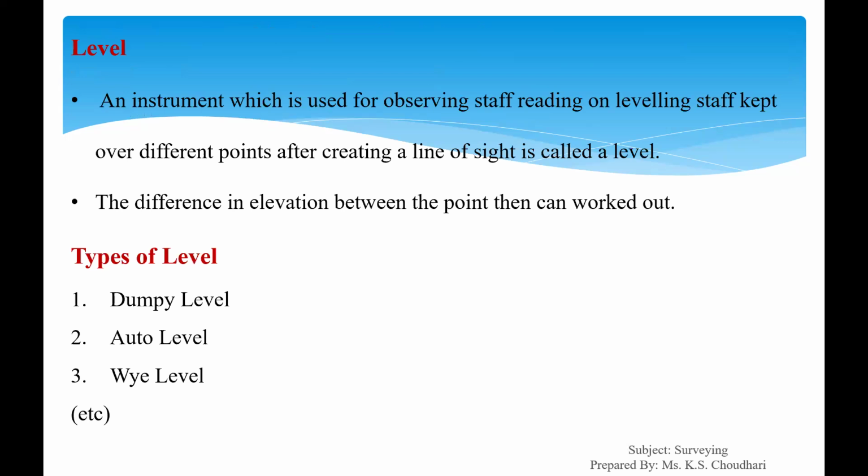Now, what is level? An instrument which is used for observing staff reading on leveling staff kept over different points after creating a line of sight is called a level.